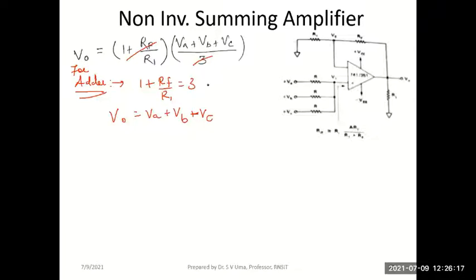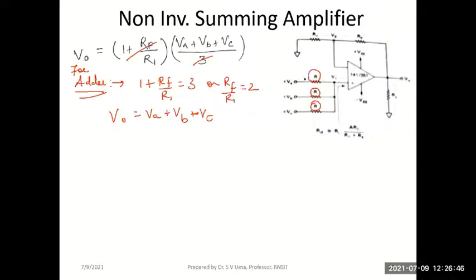So RF by R1 will be 3 minus 1, which is 2, or RF should be 2 times R1. That's the simple way. And remember, I can use this expression only if all these 3 resistors are the same. All the 3 should be R. Unless all these 3 resistors are the same, you will not even get this expression for output voltage.